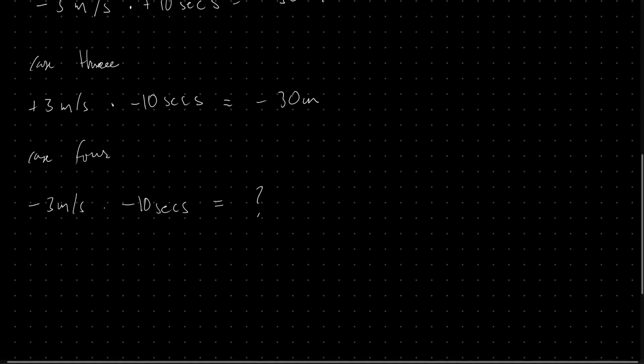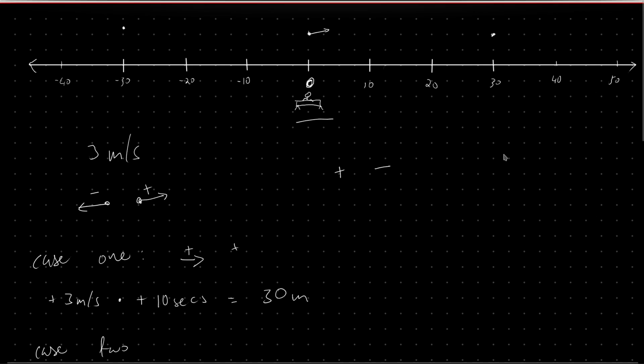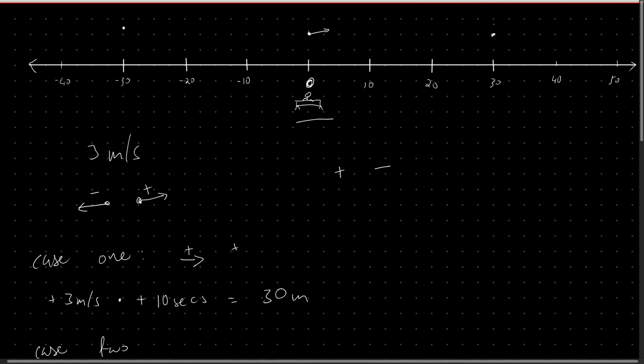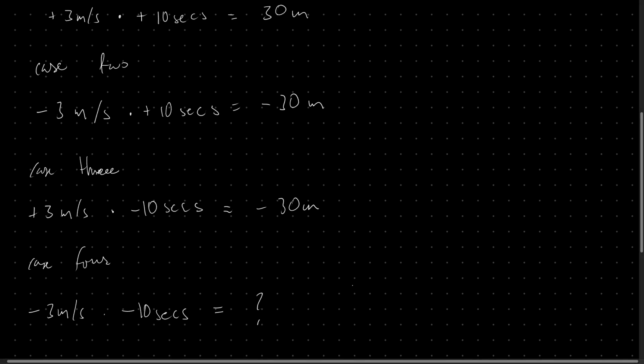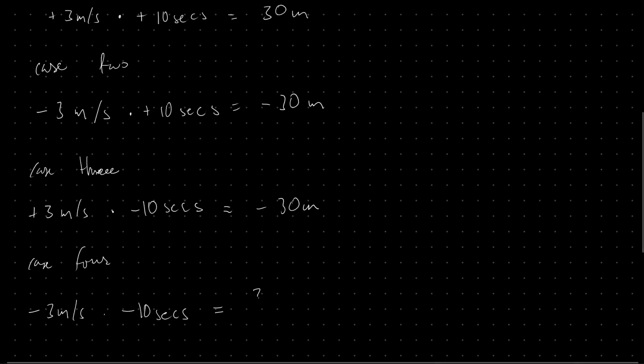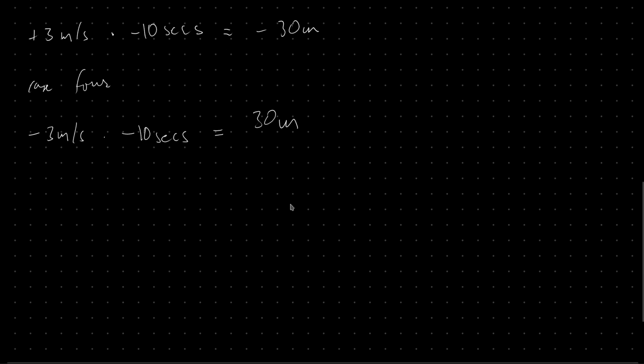What will this equal? Well, it can only equal 30 meters because they're traveling to our left. They would have had to be at the 30 meter mark 10 seconds ago. So it's 30 meters, thus showing that a negative times a negative number is equal to a positive number.